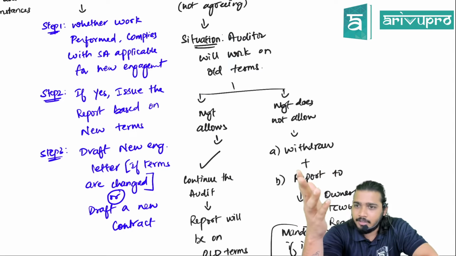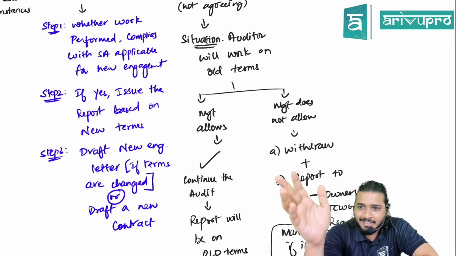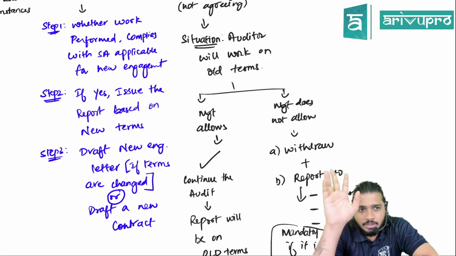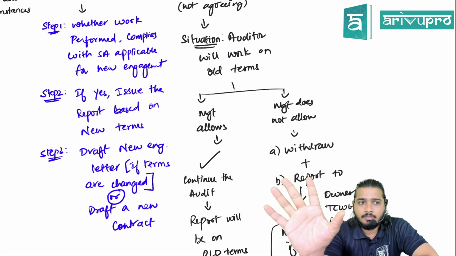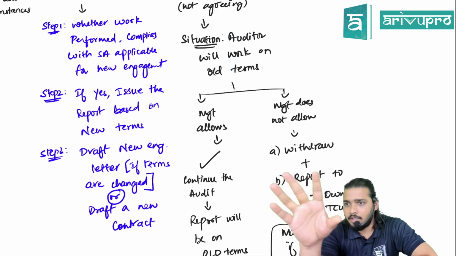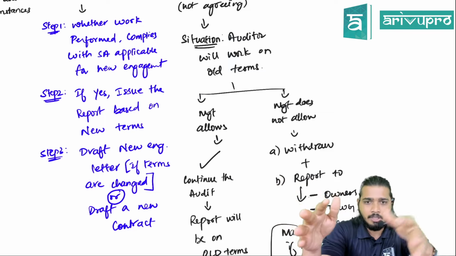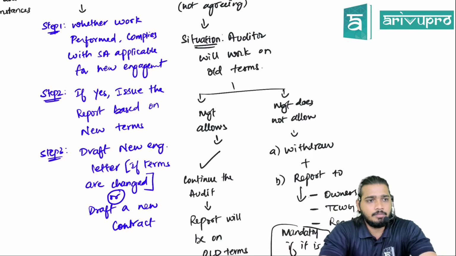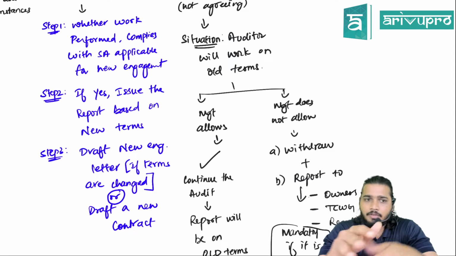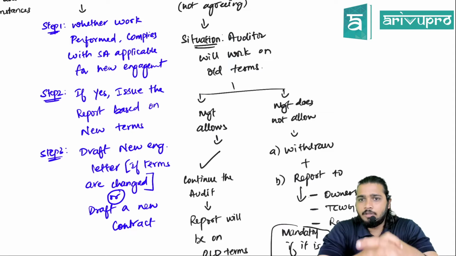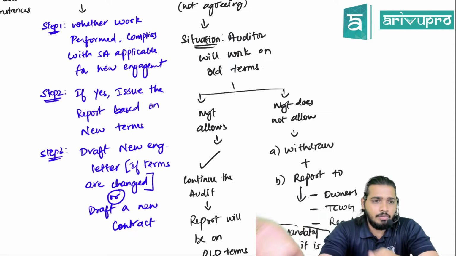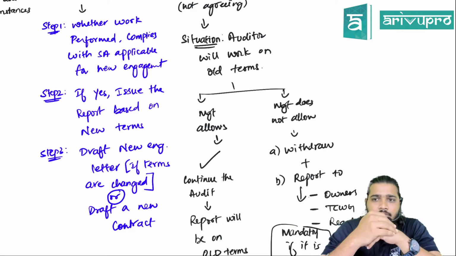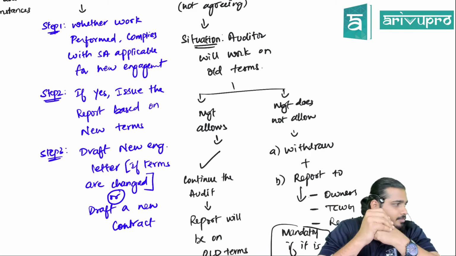You charge for your work. How much you should charge, that is your call. You can tell them, okay sir, I will accept the new engagement, but please clear my old fees first, and after that we will start the new one. Or in the new engagement letter, put that. Simple.